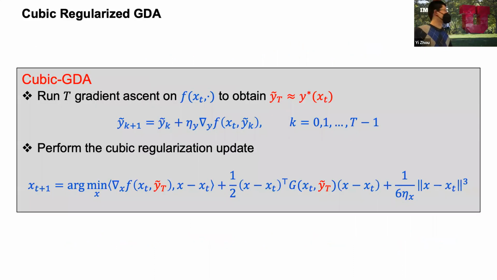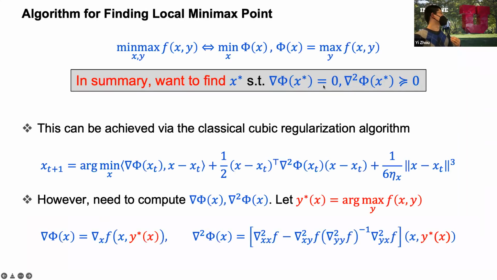So this motivates the development of the cubic GDA algorithm. The general idea is that first we run multiple steps of gradient ascent to get an approximation of the maximizer Y star. Once we have this approximated maximizer, we can plug it into this formula to replace Y star by its approximation, and then we can construct an approximated gradient and Hessian.